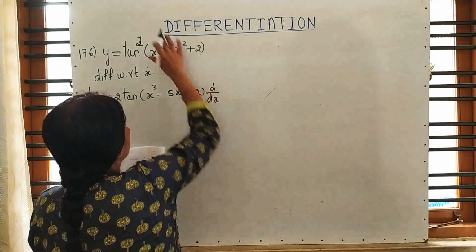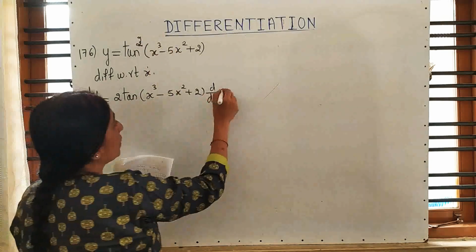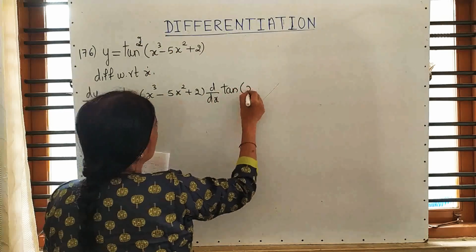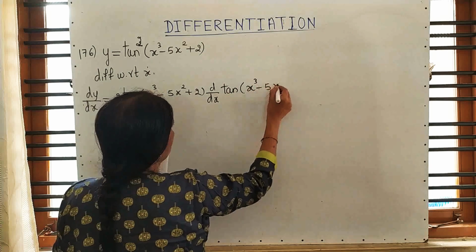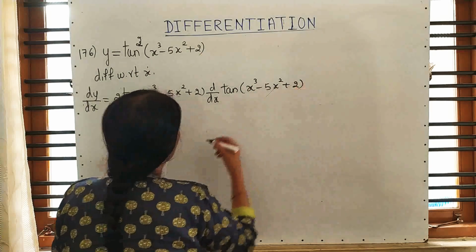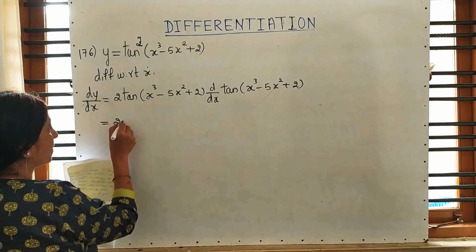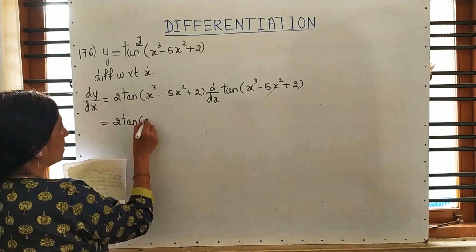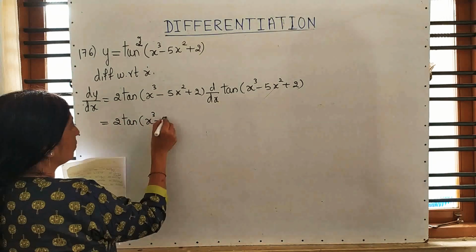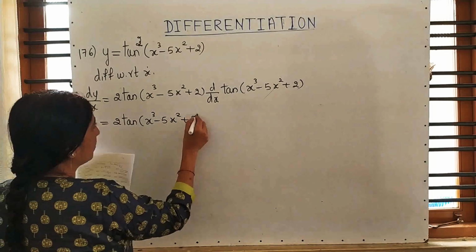See, after power, when you close the power, what is remaining? Tan (x cube minus 5x square plus 2) is remaining. 2 tan (x cube minus 5x square plus 2).